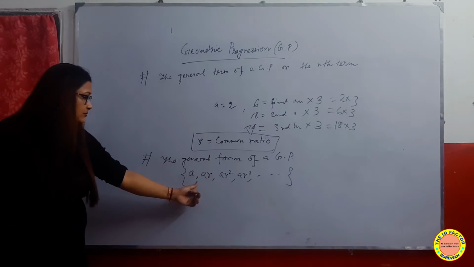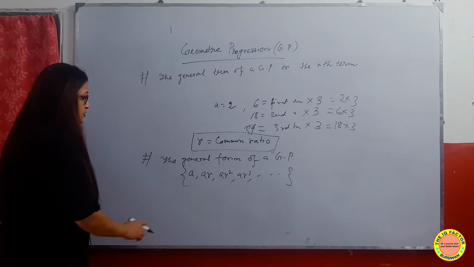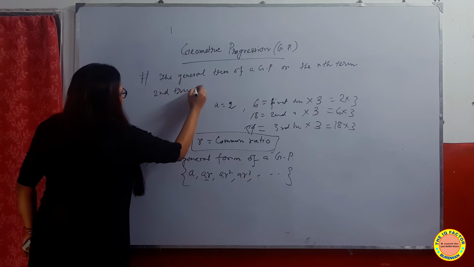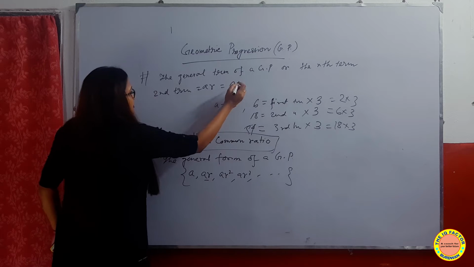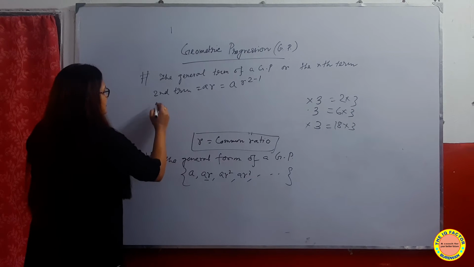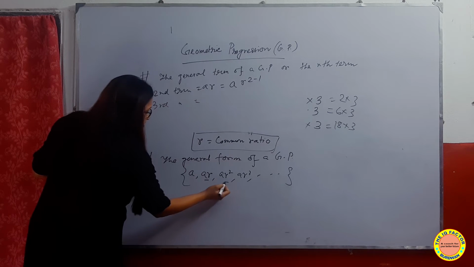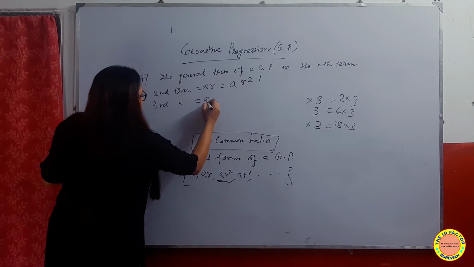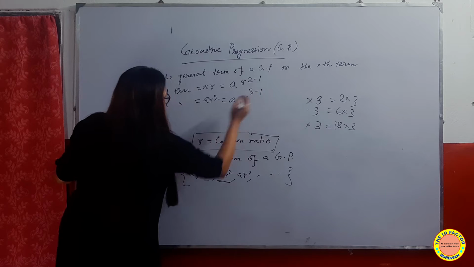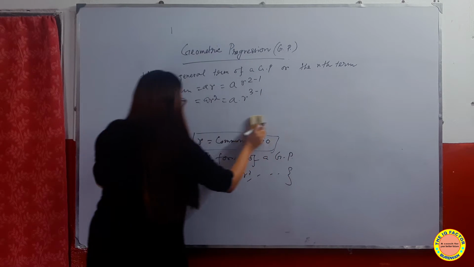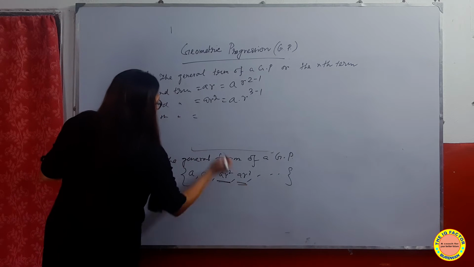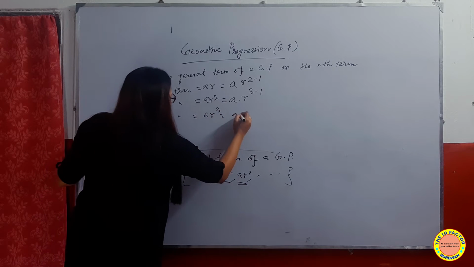It is the first term A, the common ratio R. So the second term is AR, that we can write AR to the power 2 minus 1. Third term, which is AR square, we can write it is 3 minus 1, and the fourth term, which is AR cube, that is 4 minus 1.